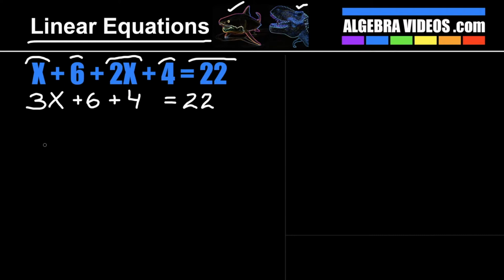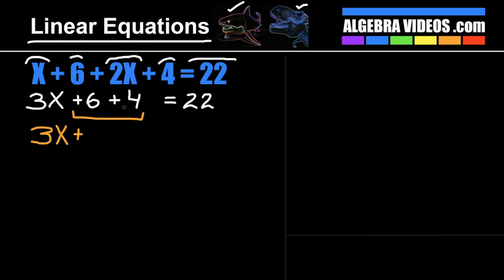And I'm going to continue to combine the terms that look similar, or look like each other, right? So 4 and 6 are both just numbers, right? There's no x's in there. They're easily combined. So I'm going to combine this 4 and this 6. So I'm going to rewrite the equation down below here. 3x, nothing changed. I'm just bringing that down.